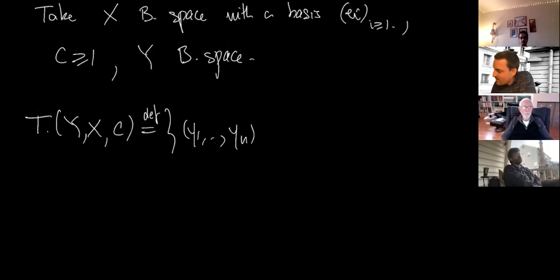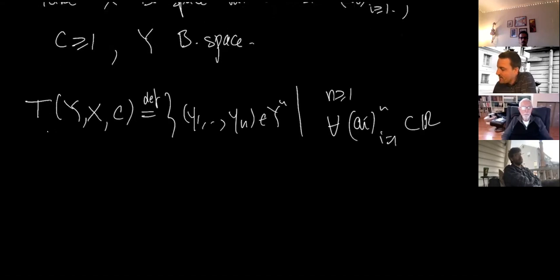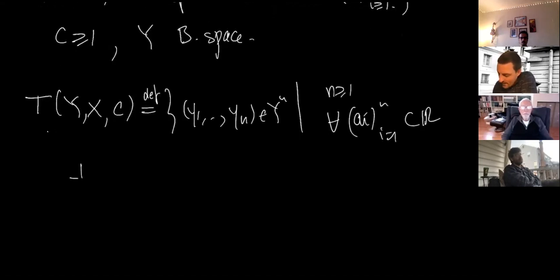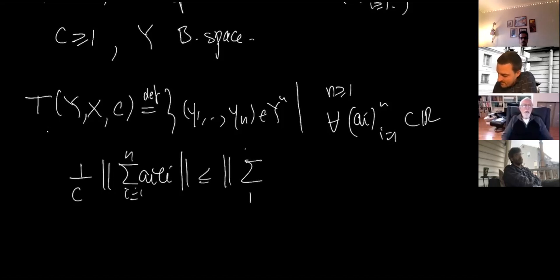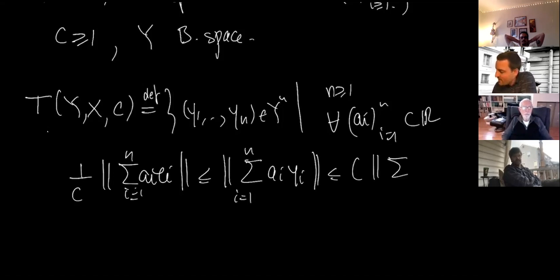So you define this as the set of finite sequences y_1 to y_n such that for every a_i, so these are real numbers, you have that the sequence y_i is equivalent to the initial section of the basis e_i up to n.